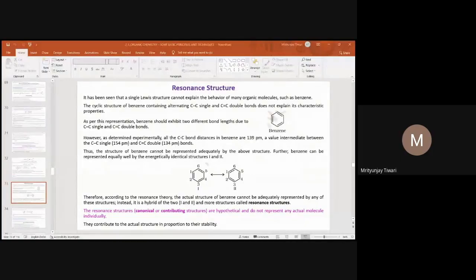Dispersal of charge means a negative charge that is on one atom in one structure is on a different atom in another structure, so it is distributed over different atoms and places. This is called dispersal. Dispersal means distribution, and separation means creating a new thing out of something else. I hope this point is clear.